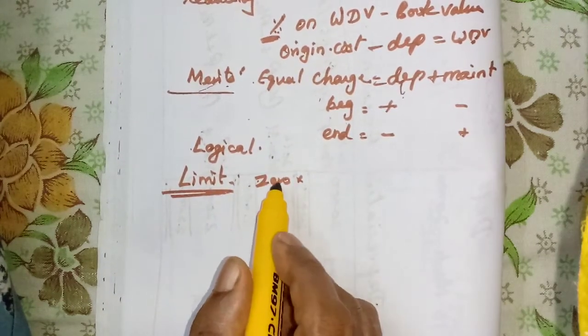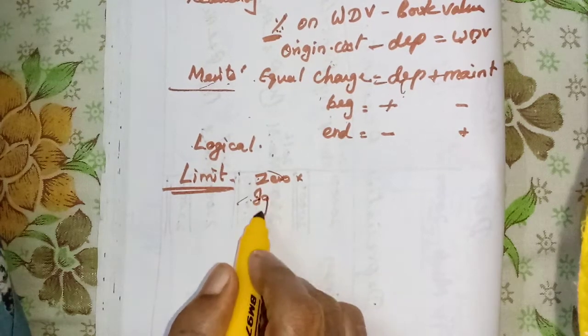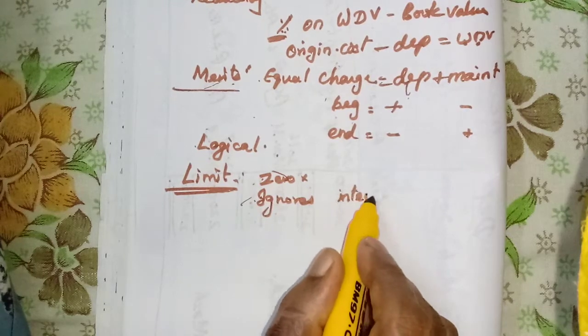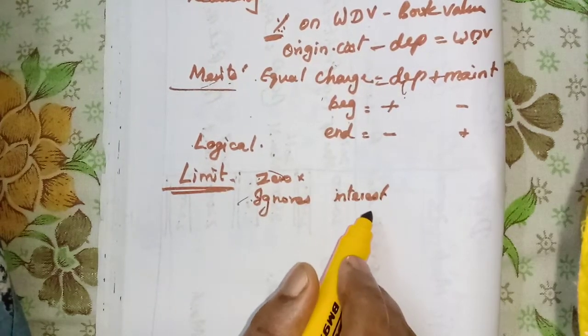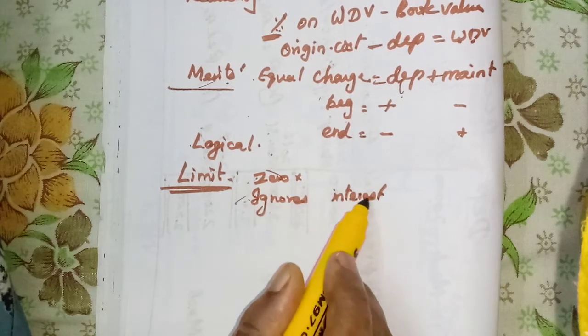And as in the previous problem method, here also it ignores the interest. Okay. We are going to learn some of the other methods. There in one or two methods they are considering the interest.